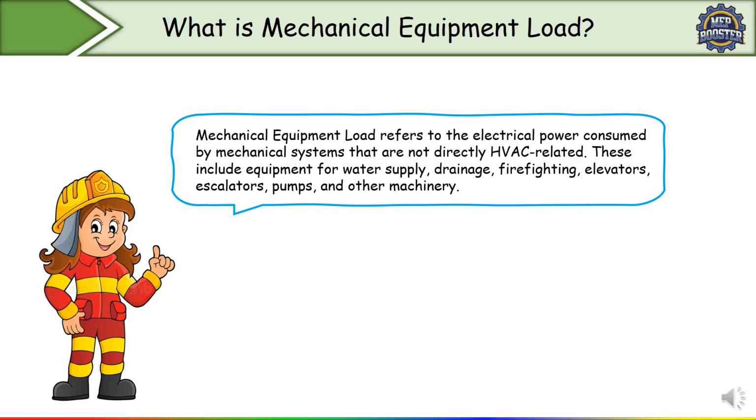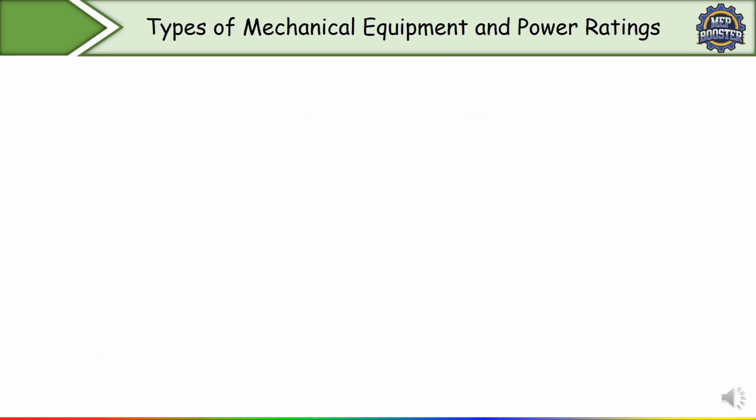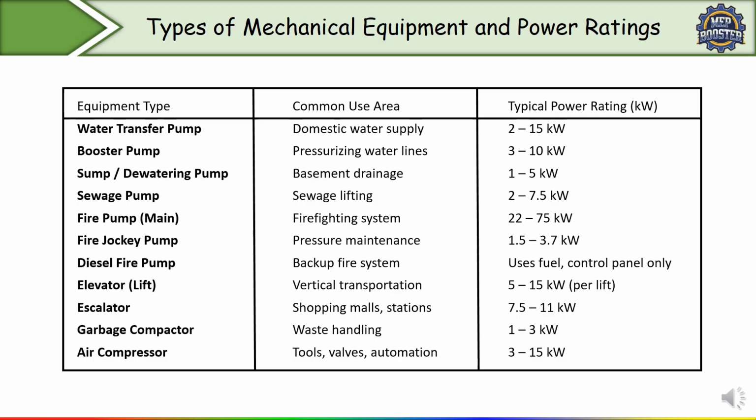So we have different types of mechanical equipment. The power rating, equipment type, common use area and typical power rating are given. If you have a water transfer pump for domestic water supply and you know its power rating, it is very easy to calculate. In this image, the types of mechanical equipment and power ratings are given.